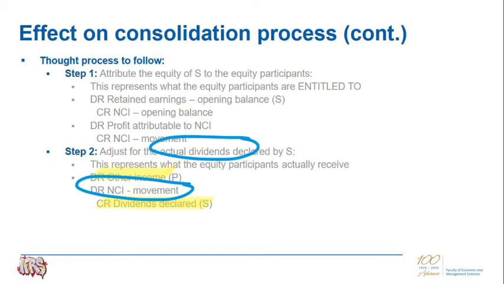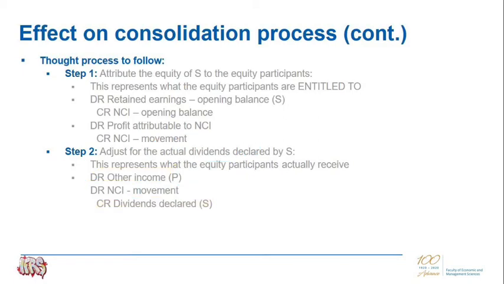If you want to use the cake analogy just to understand this even more, under step 1, that is where we cut this cake into slices and we say this is what you are entitled to on a plate, this is your piece of the cake. In step 2, we can now say that's when you eat the cake. That is now what you are entitled to. You received it, you got the benefit, so your balance will reduce.